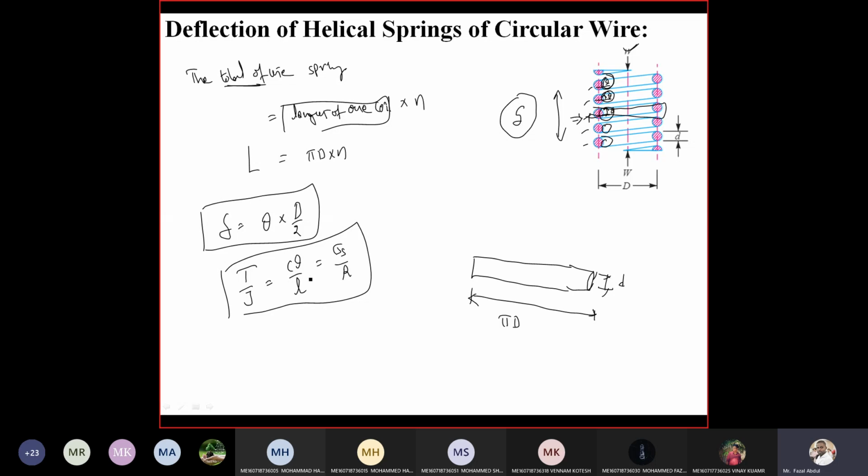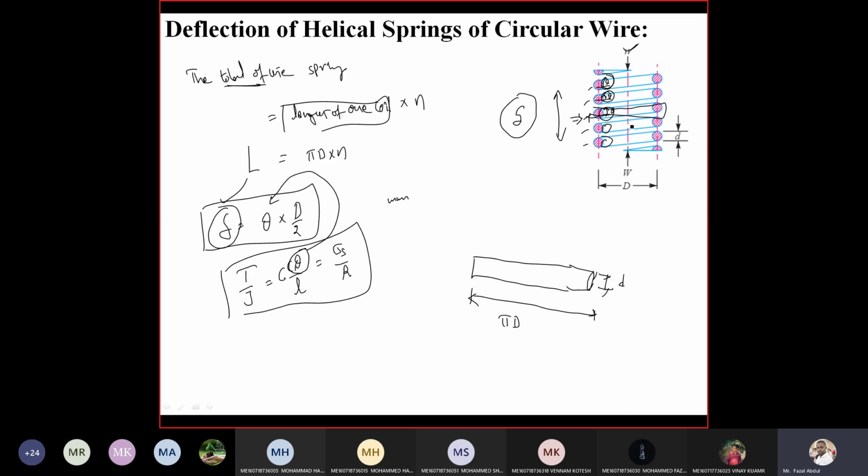Why are we taking the relation between the angular deflection and axial deflection? Because the torsion equation is available in terms of angular deflection, angle of twist, but we don't have it in terms of axial. So first we calculate the deflection in angular manner, substitute this theta value here, and we will get the axial deflection of the helical coil spring in mm.